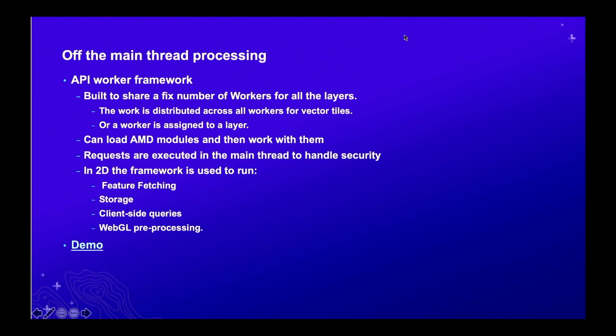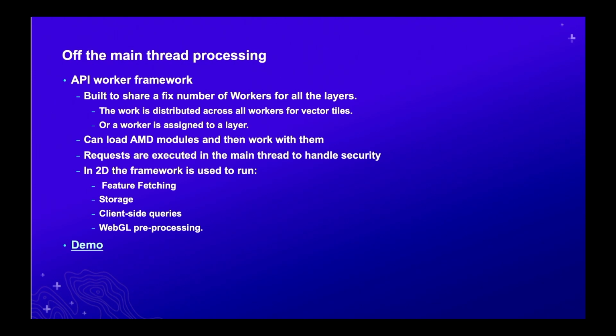So all of this is great, but in the API we have publicly exposed the Esri core workers. It's the worker API framework. It's built to share a fixed number of workers for all the layers. So every time you need a worker and you use the worker framework, you get a worker from the pool of workers. We allocate as many workers as you have CPU cores on your machine, and then the work is distributed across all these workers.